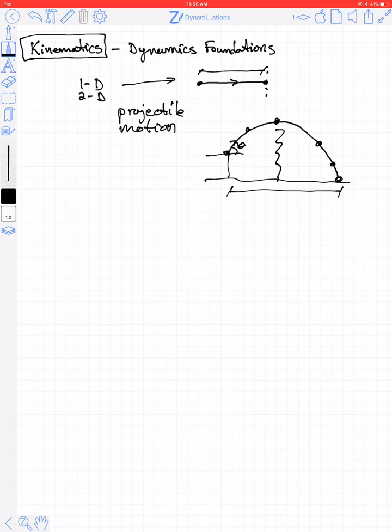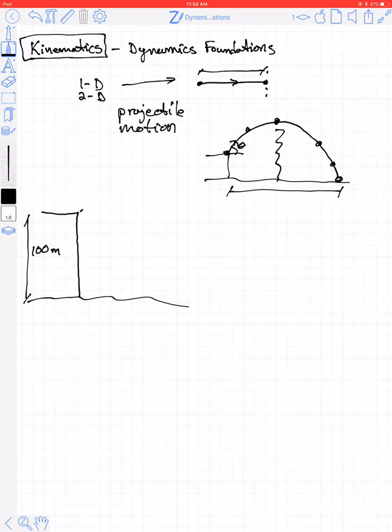So let's do an example problem of kinematics in 2D. And let's start with some object being launched from a certain height. Let's call this height 100 meters.